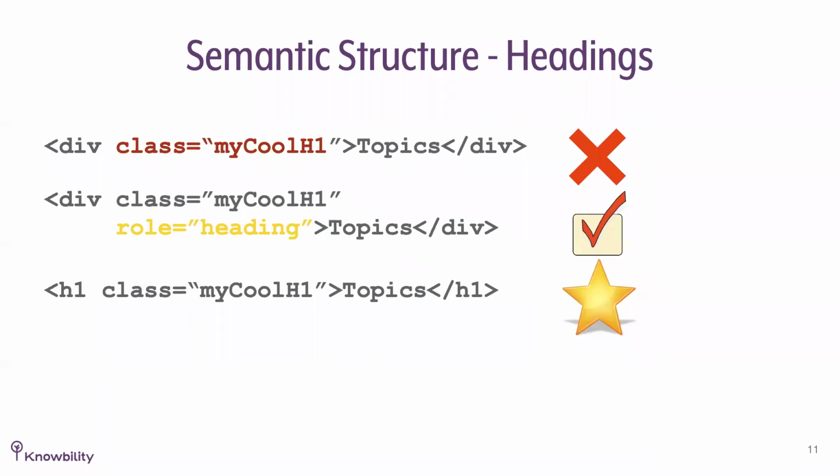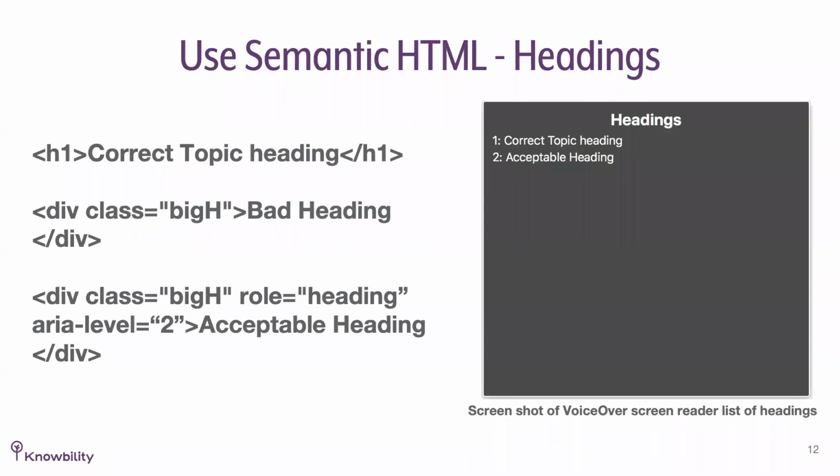So just to give you an example of that, here's a way of doing the heading. If I do a correct topic heading with an H1, it comes out in that list of headings. If you look at that second one here, where it's just a generic element, a div, that's styled to look like a heading, that doesn't show up over here in this list of headings that the screen reader will display.